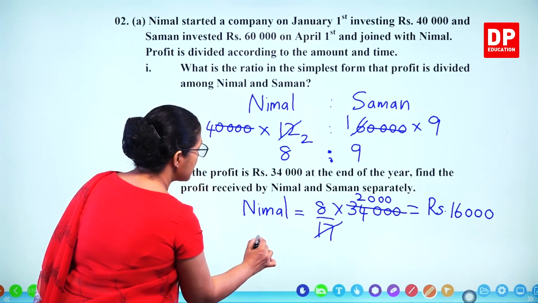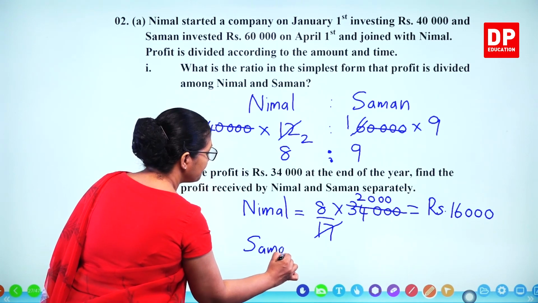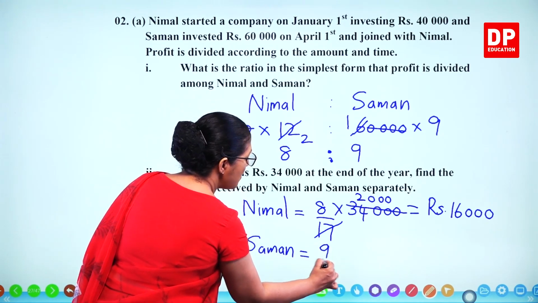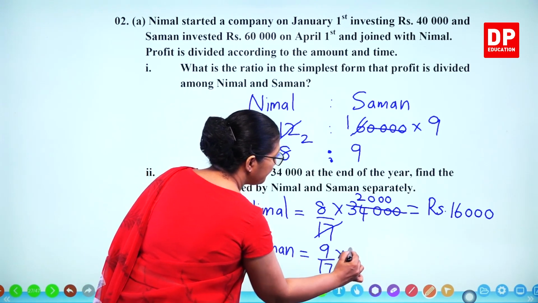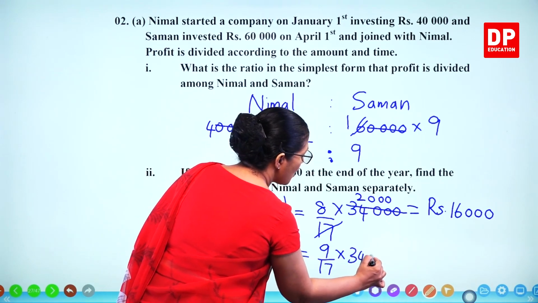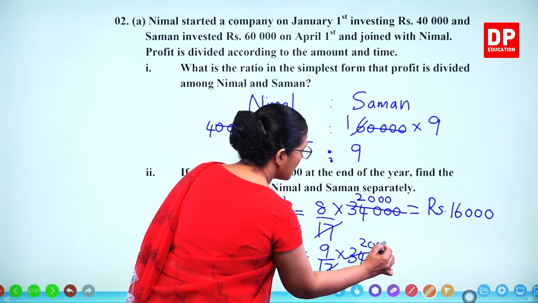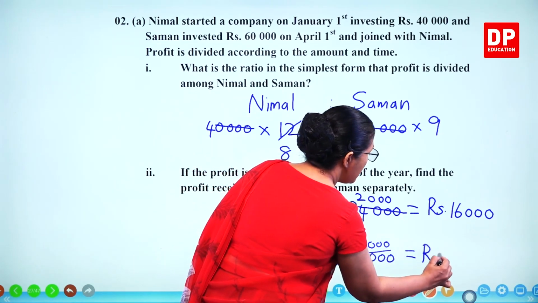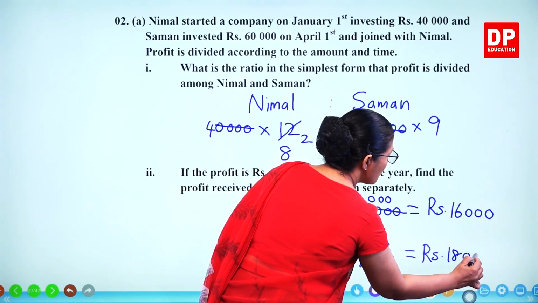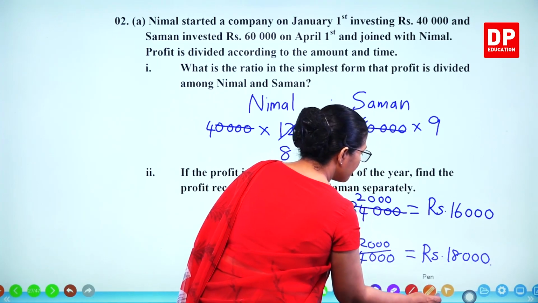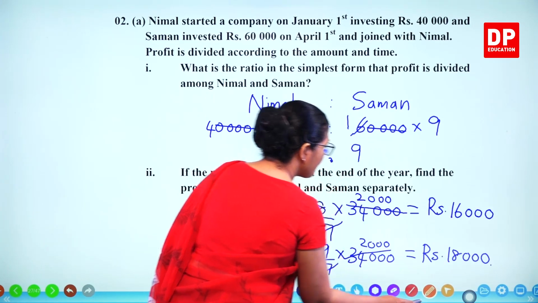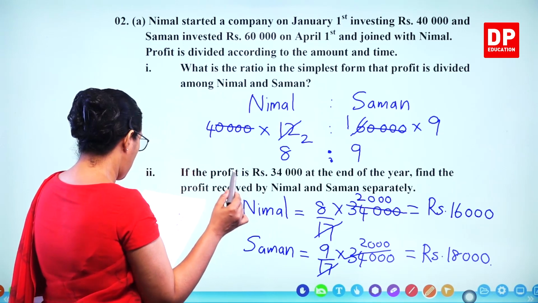Then what about Saman's profit? Saman gets 9 parts out of 17. 34,000 is the profit. You get 18,000 rupees. So those are the answers.